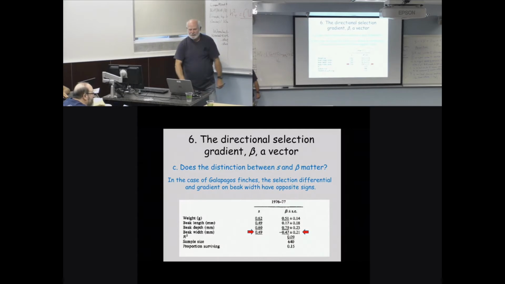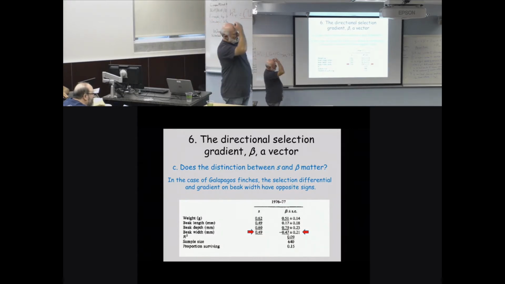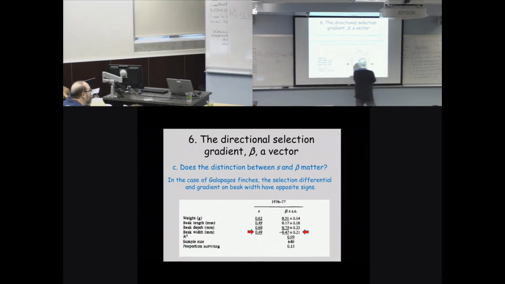All right, so that's the sense in which we get the direct effects of selection if we look at beta. Okay, why does this distinction between S and beta matter? Conceptually it should, but here's an example from the Price et al. study of selection in Galapagos finches, the reference is coming up.